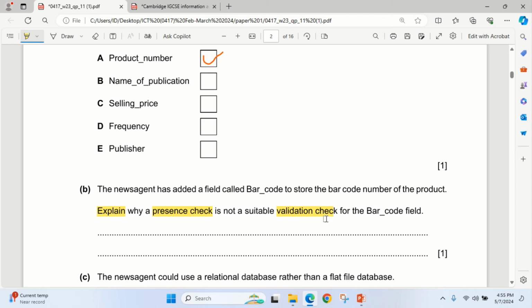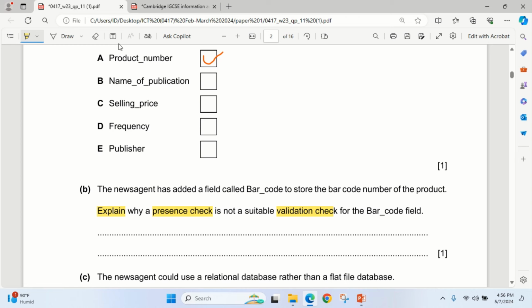Validation is the kind of method used to ensure that data being entered meets certain criteria or is reasonable. So the question is asking you, why is it that a presence check is not suitable? For validation checks, we have different types. We have presence check, format check, length check, check digits, and so on and so forth. So you can actually pick the correct answer from here.